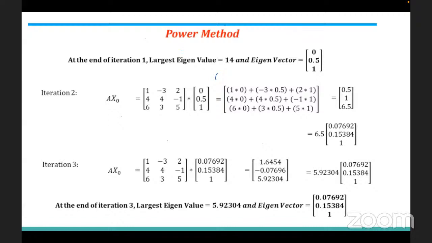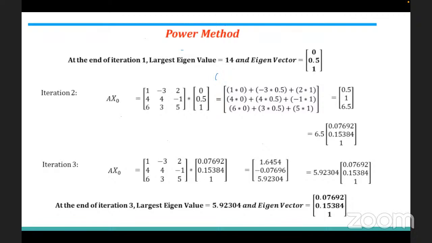So once you see that the difference is not even up to 1, just about 0 point something, you can stop, right? You don't keep doing the iteration again. At this point, we can safely say that the largest eigenvalue for this matrix is 5.92304, and our eigenvector is 0.07692.